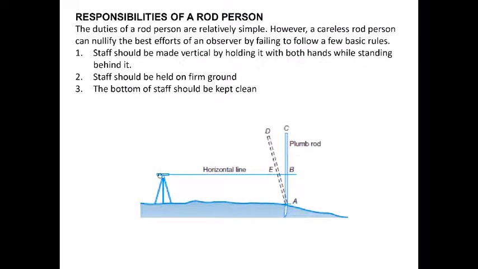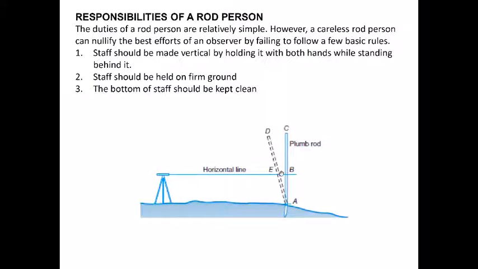The reading on my auto level would be greater than the reading there should have been had the staff been vertical. And if the staff is inclined backwards, then again the reading would be more than the actual reading. So the person noting down the reading at the instrument can ask the person holding the staff to move the leveling staff forward and backward, and he can look for the reading when the reading is minimum.